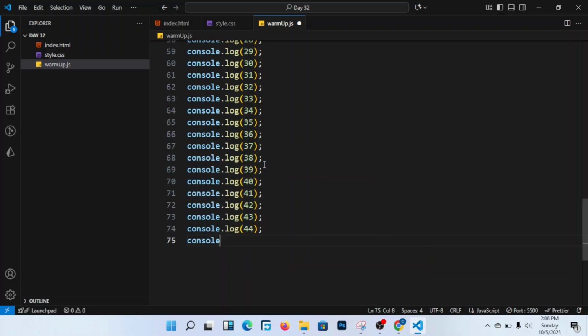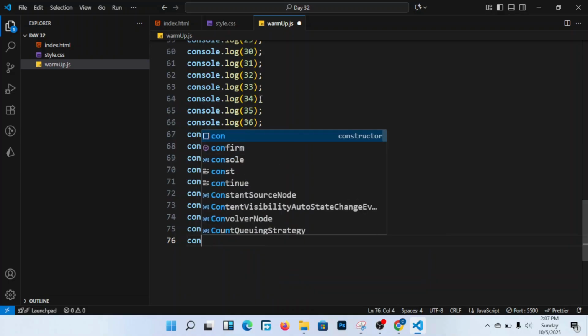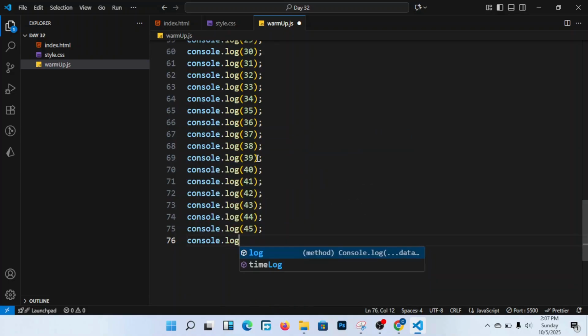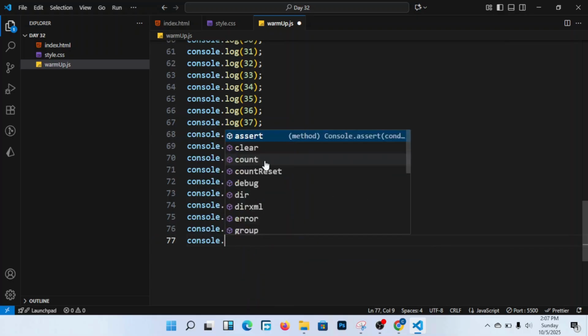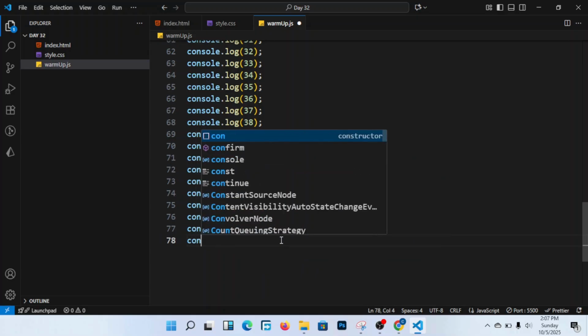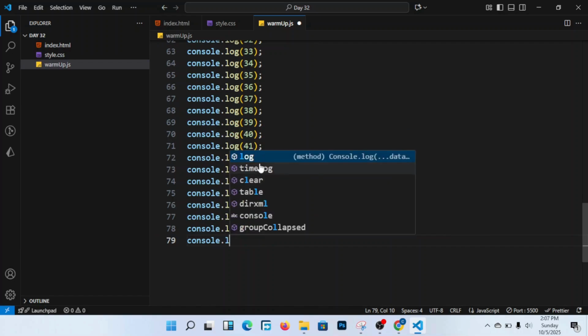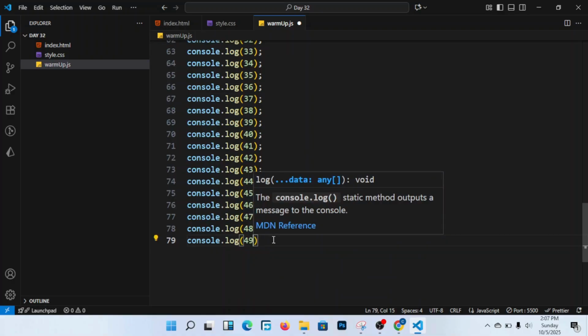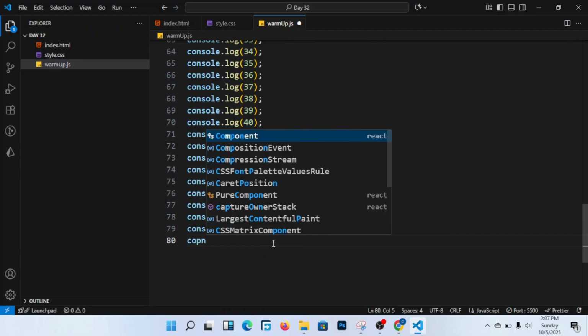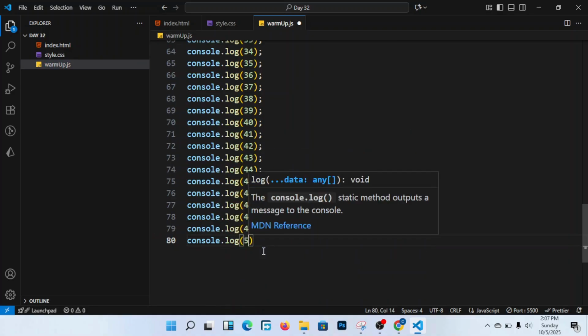Console.log 45. Console.log 46. Console.log 47. Console.log 48. Console.log 49. Console.log 50.